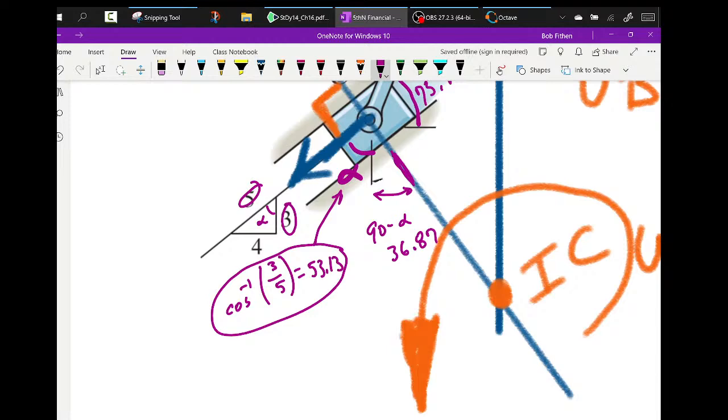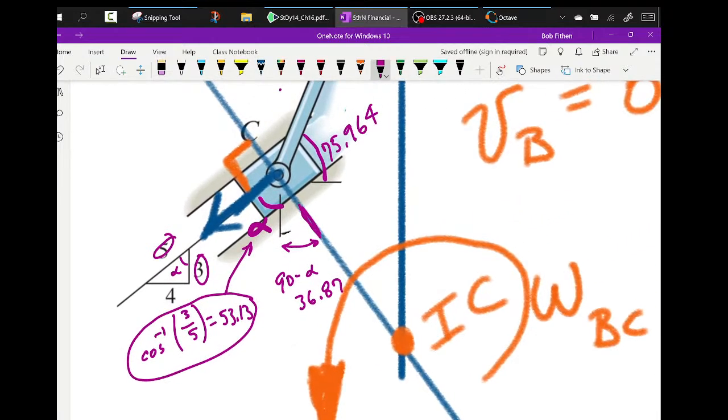Didn't want to have to do that, but okay. So if this is 36.87 between here and here, I know this is 90. So this will be 90 here. Oh, shoot. Okay. 90 minus 36.87, which sends me back to 53.